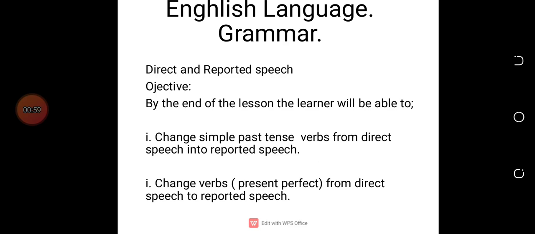But before that, I want to take us through last week's lesson, where we looked at changing verbs in the present tense to the past tense. That's the present tense of the verb in the direct speech to the past tense in the reported speech.